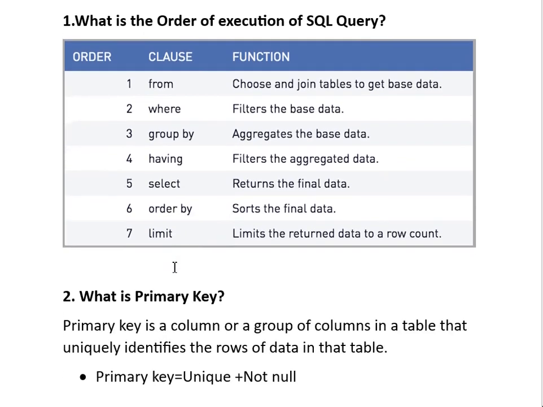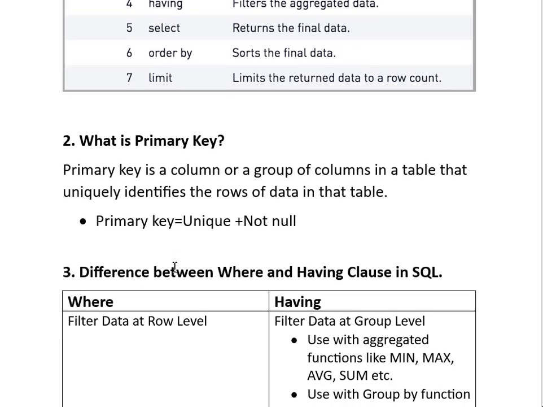And the next question is, what is a primary key? A primary key is a column or a group of columns in a table that uniquely identifies the rows of data in that table. Simply remember that a primary key is unique plus not null.